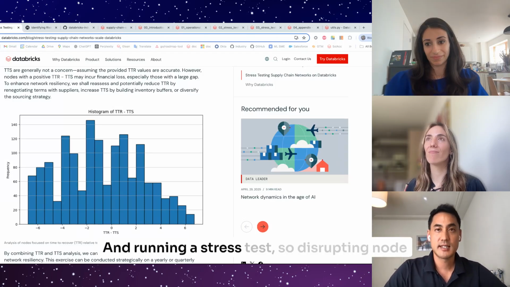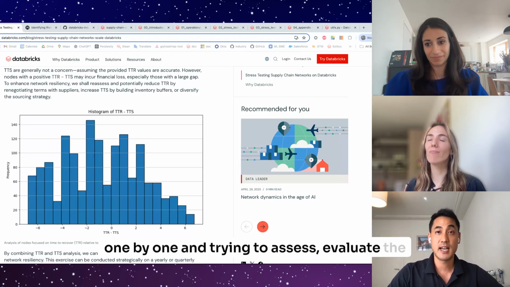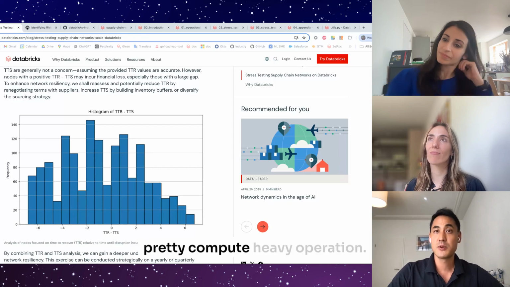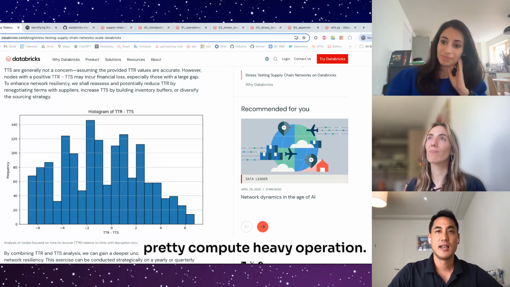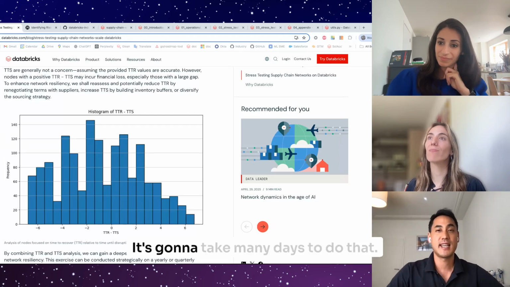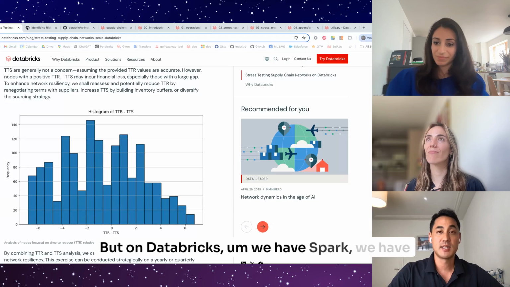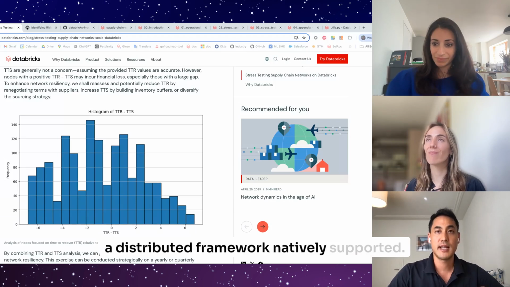And running a stress test, so disrupting nodes one by one and trying to evaluate the financial damage associated with that, is a pretty compute heavy operation. And you can't do this, let's say, in a for loop. It's going to take many days to do that. But on Databricks, we have Spark. We have a distributed framework natively supported.